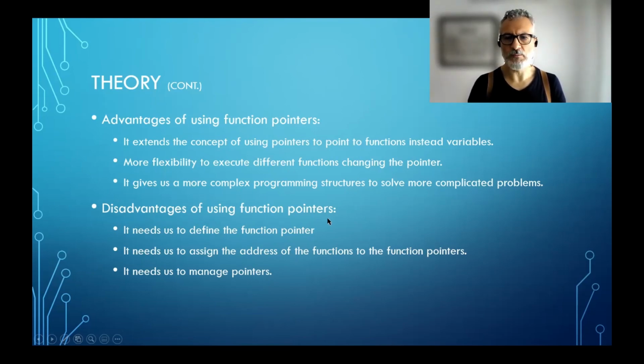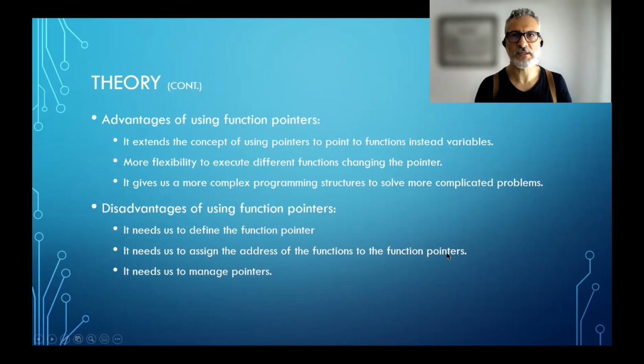Disadvantages of using function pointers. It needs us to define the function pointer. We have to code more, type more code. It needs us to assign the address to the function pointers.